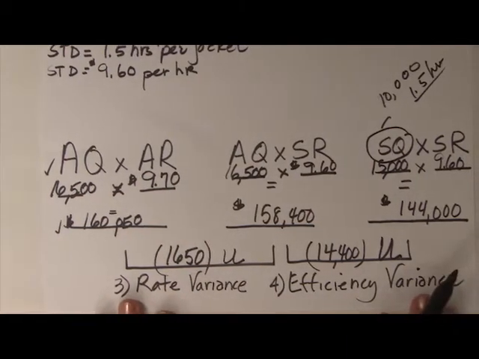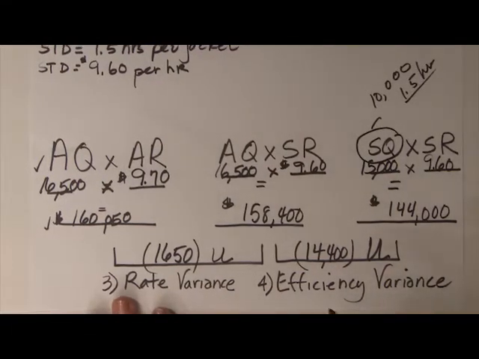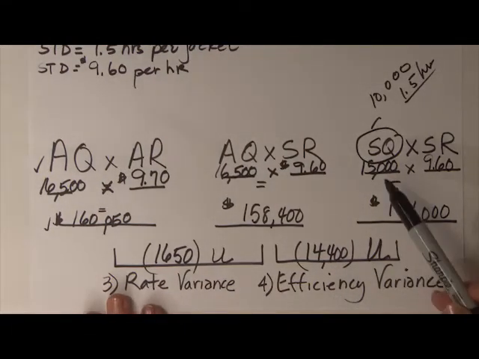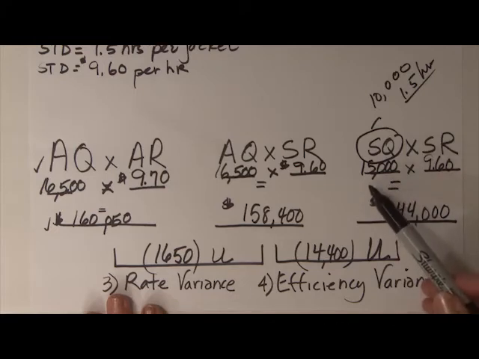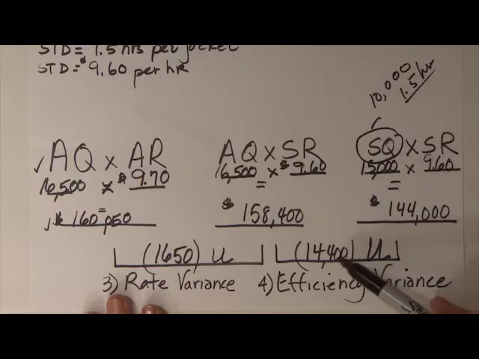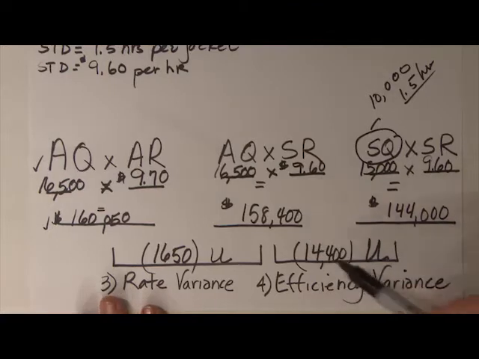However, even though we spent more per hour for the labor, we have quite a bit of inefficiency here. And so perhaps this had to do with machines breaking down. So it took the laborers a lot more hours. Again, just wanting you to think through what might be reasonable explanations.